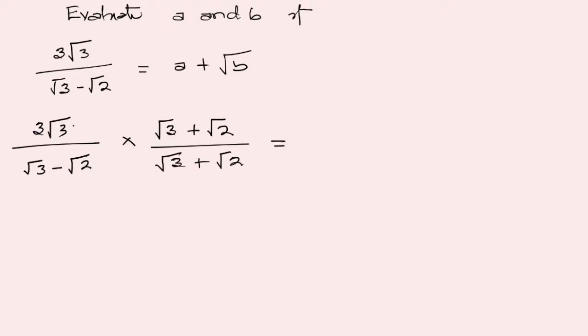Now this is equal to 3 root 3 multiplied by root 3. This is 3 here, which is the 3 multiplied by the imaginary 1, and root 3 multiplied by root 3 becomes 3. So this is 9. And 3 root 3 multiplied by root 2 becomes 3 root 6.